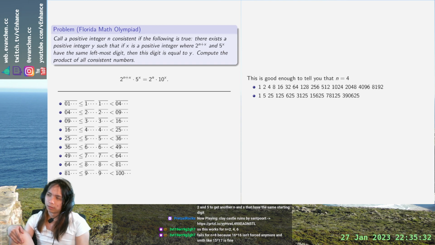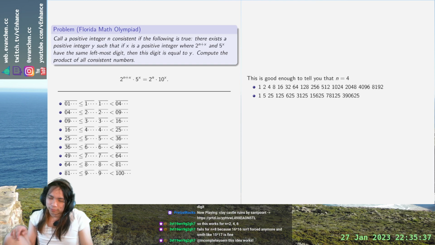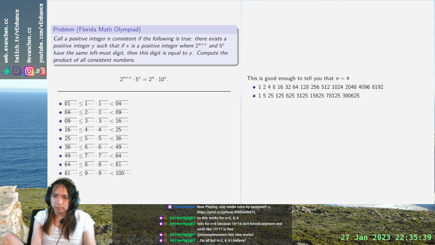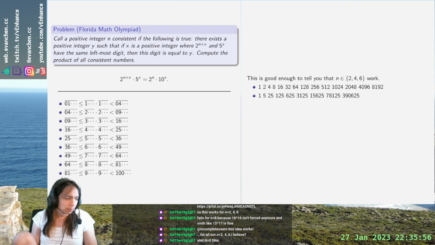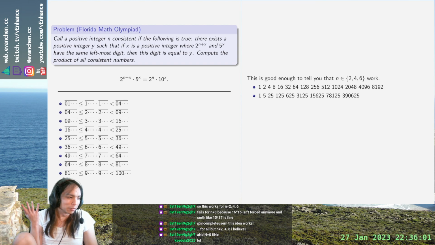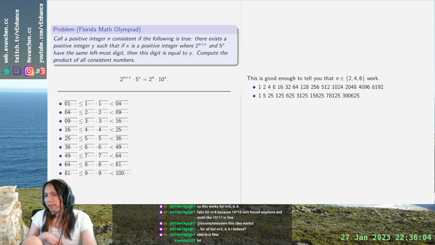Okay, I agree. n equals 0. Well, it said positive, so screw it. Okay.